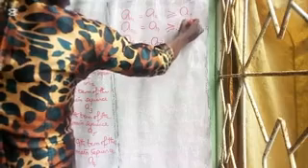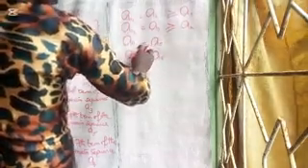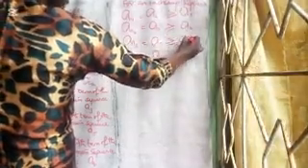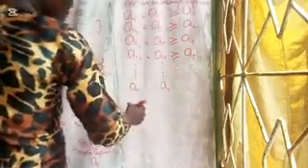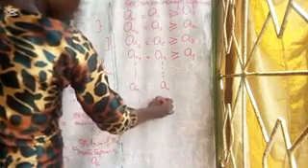This second term is greater than or equal to a2 for an increasing sequence. The third term of the subsequence is greater than or equal to the third term in the main sequence. The fourth term is greater than or equal to the fourth term in the main sequence. This is going to i and this is going to n. Therefore, we can see that i is less than or equal to n.